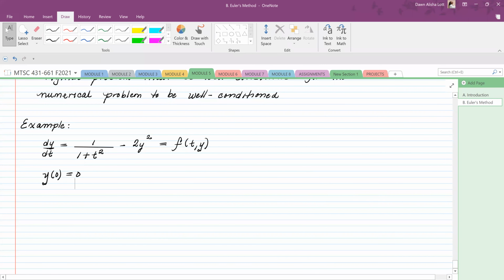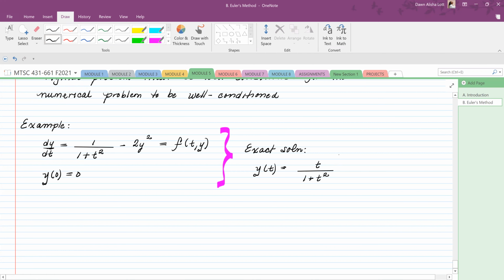Okay. The exact solution or analytic solution is that y of t is equal to t over 1 plus t squared.